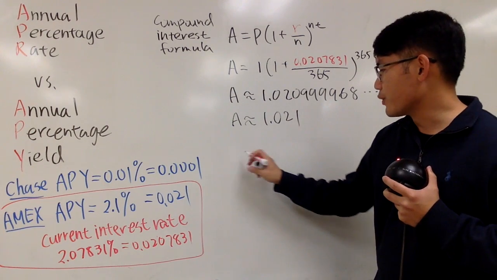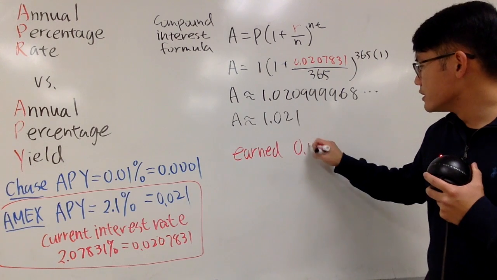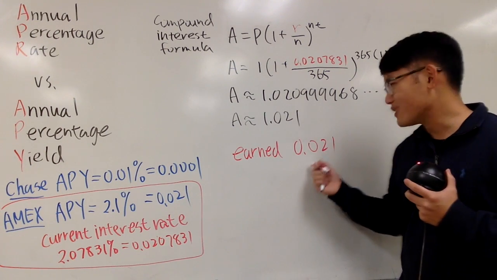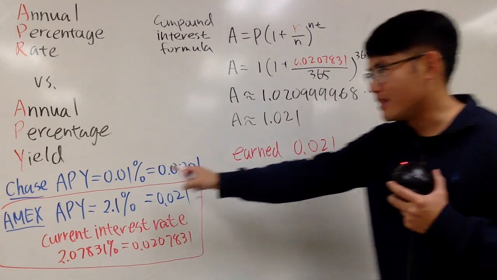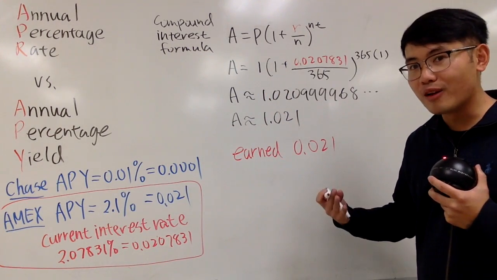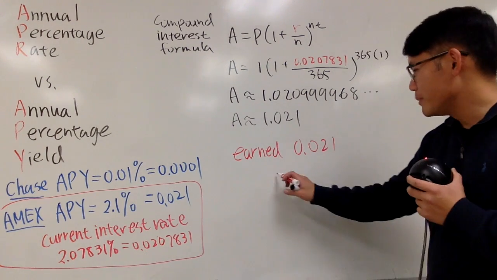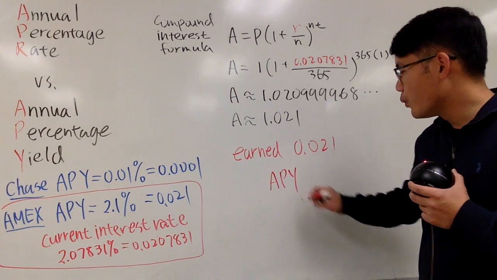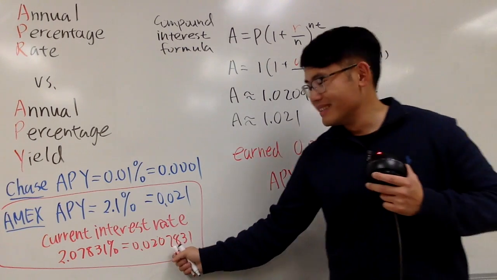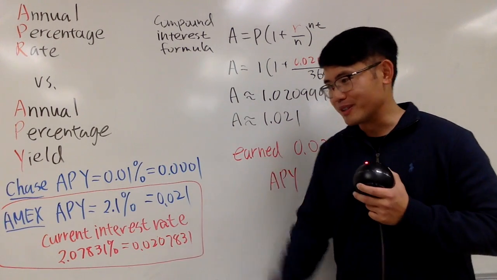I'll just put this down right here for you guys. We have earned 0.021 for every dollar. Of course, this is the APY. Because we're talking about every dollar, this is what the dollar can do for us. So here is the summary. Let me write down APY. And again, this was the APR from right here, and you really have to see it from your personal banking account online.